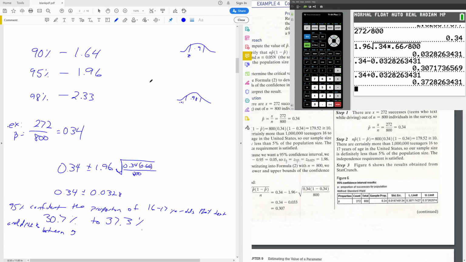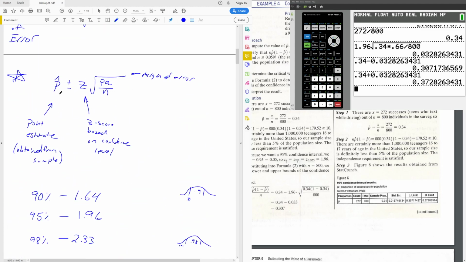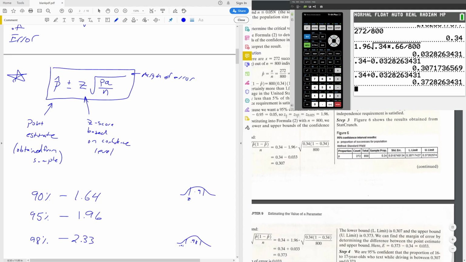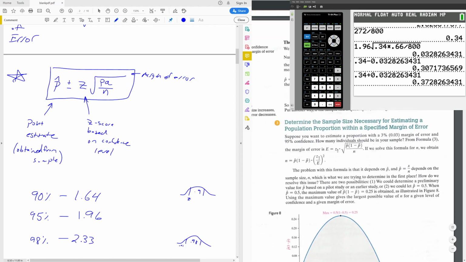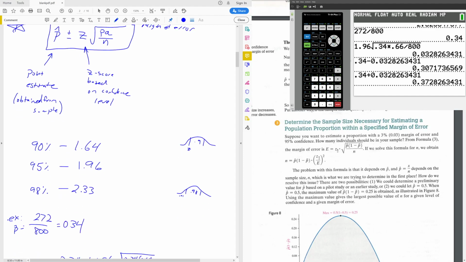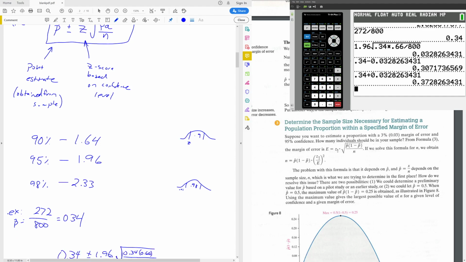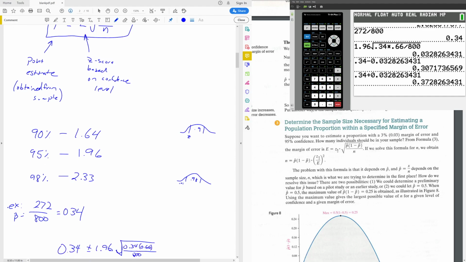So it's all about using this formula here to create that confidence interval. Okay. The last part of this, first of all, notice that as the confidence level increases, as we go from 90% toward 98%, the z-score also increases.